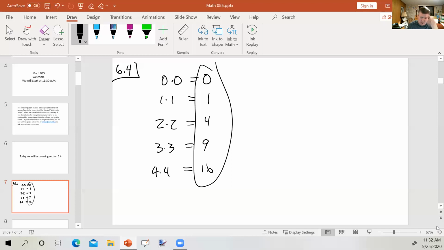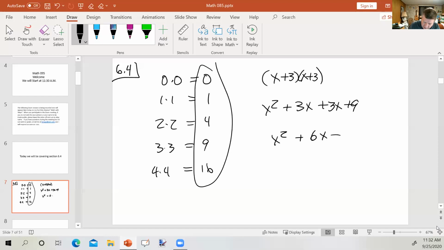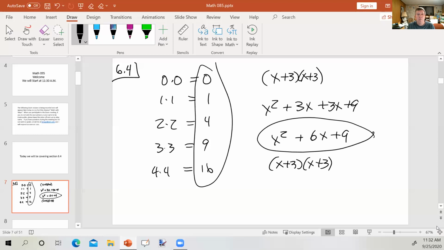All right? So if we have, let's say, x plus 3 times x plus 3, and we FOIL that all together, we get x squared plus 3x plus 3x plus 9, which is x squared plus 6x plus 9. Since that trinomial has two identical factors, we say that this trinomial is a perfect square trinomial.